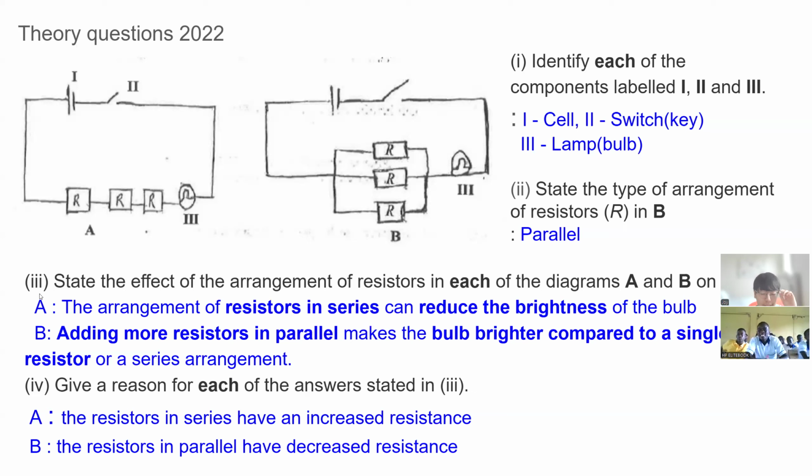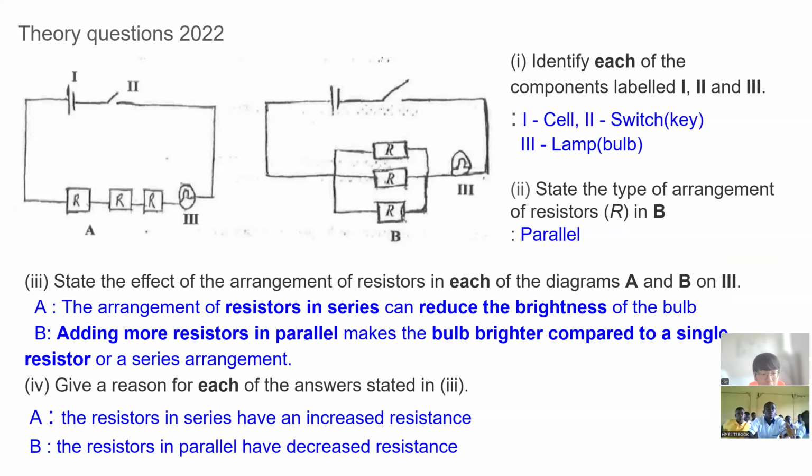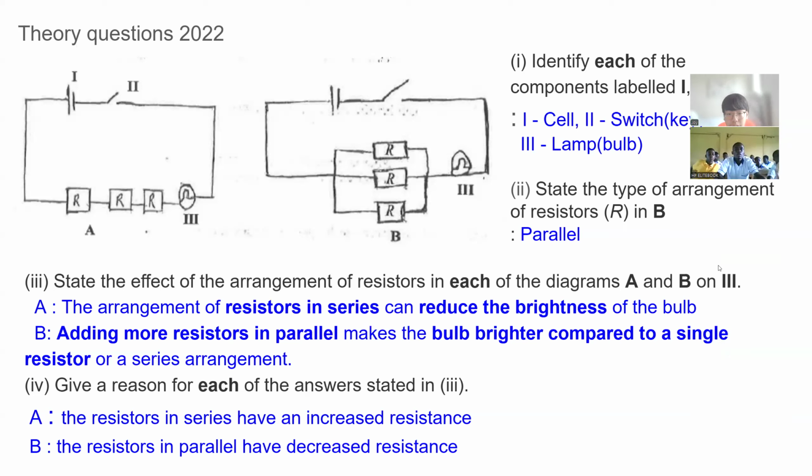Okay, let's look at this third part: state the effect of the arrangement of resistors in each of the diagrams A and B on 3. So 3 is the bulb, and remember that a brighter bulb means more electric current. In A, the arrangement of resistors in series can reduce the brightness of the bulb.